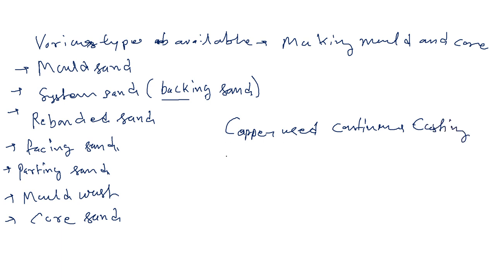And in pressure die casting, metallic dies are used. But for making the mold by using patterns, these materials are used, and the choice of the molding material is based on the processing property.